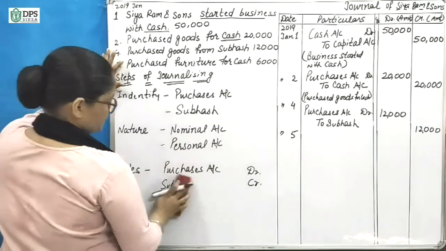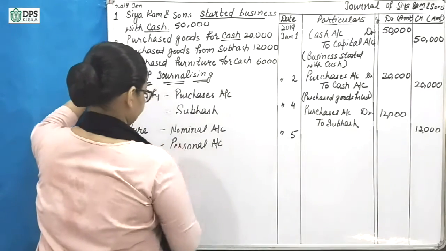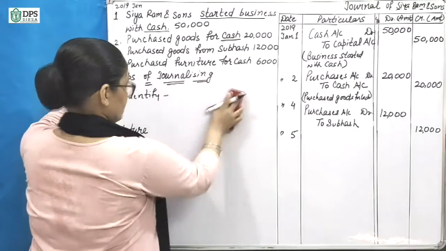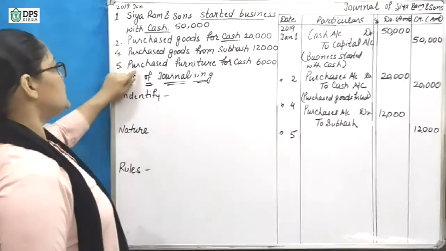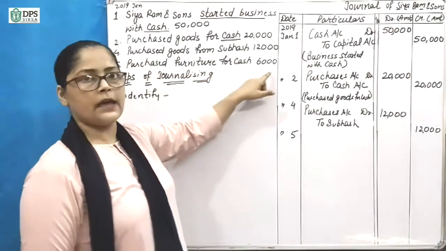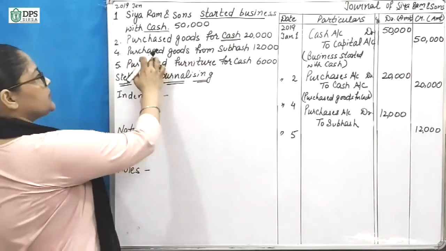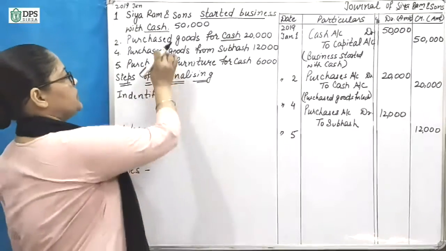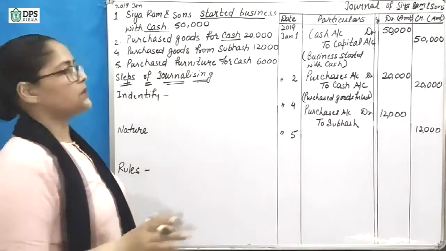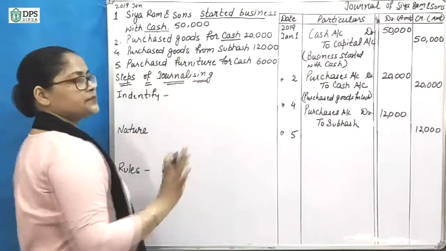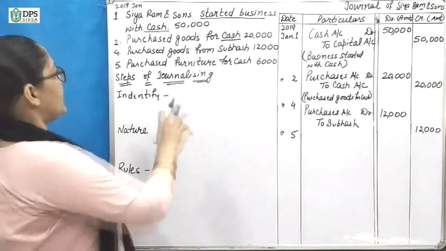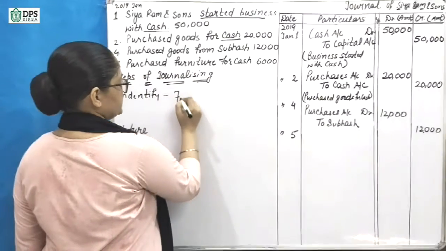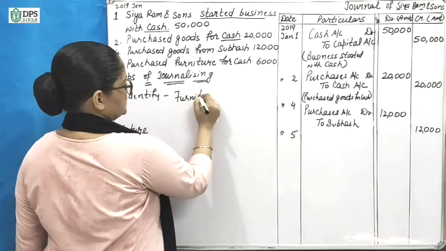Here we are purchasing furniture. So the next entry is purchased furniture for cash. Here in both entries the word purchased is given, so don't be confused. Here purchased goods means purchases, and here purchased furniture means we are purchasing furniture.